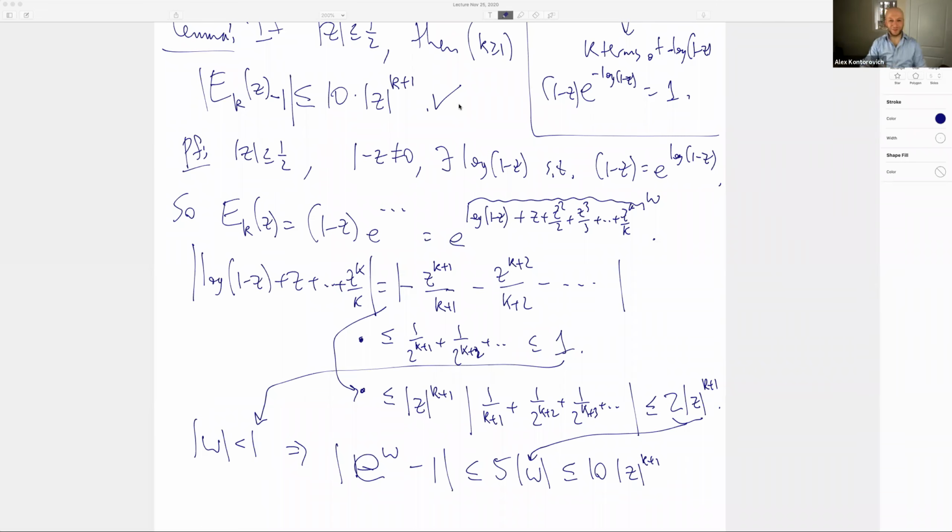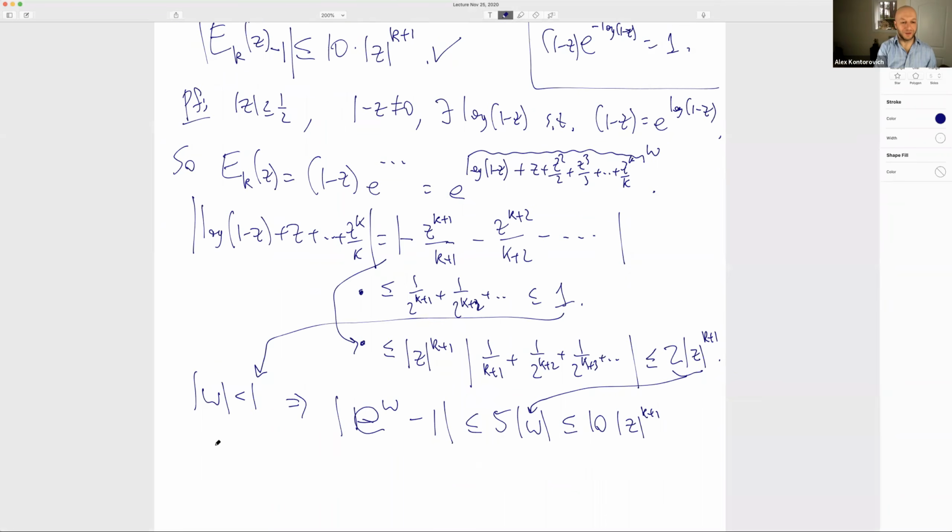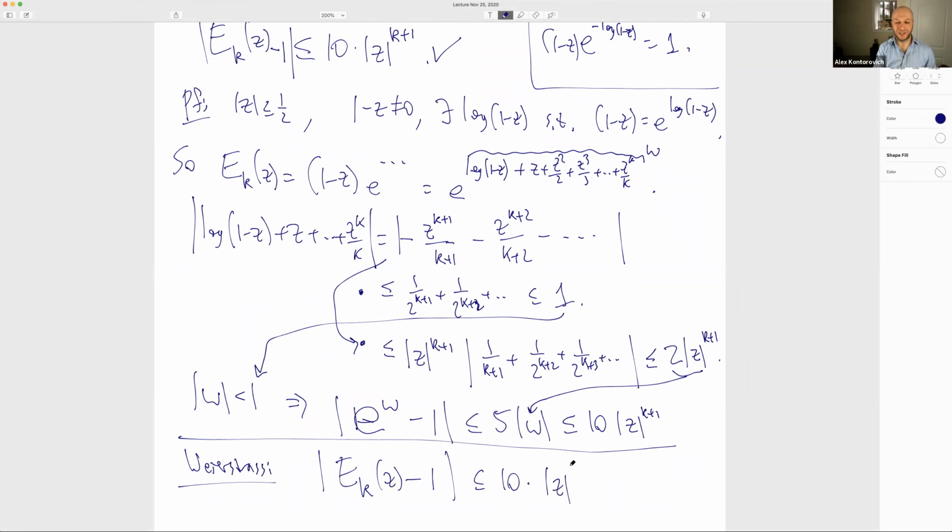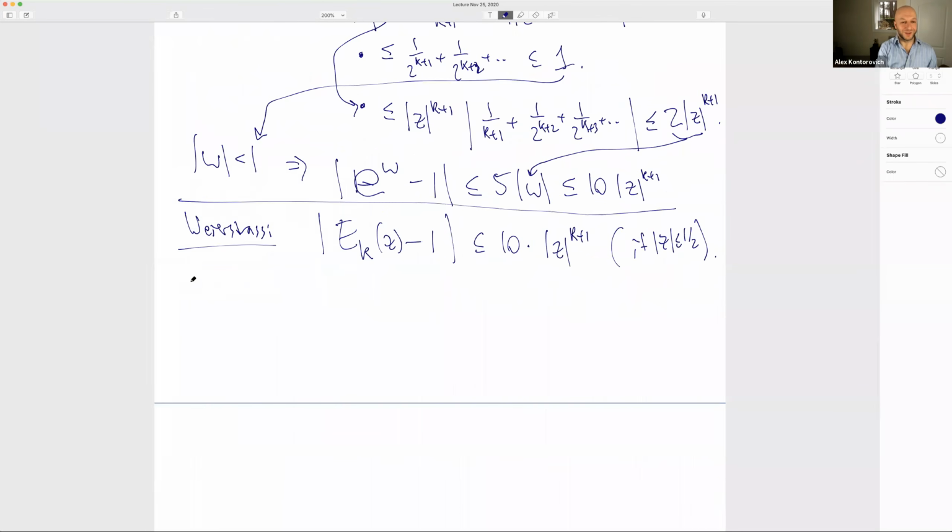And now we're almost done. So I'm going to rewrite this bound just so we can see it. So Weierstrass canonical factors say that e_k of z minus 1, I'll get it right this time, is at most 10 z to the k plus 1. This is if z is at most a half. That's what we just proved. So what does he do?